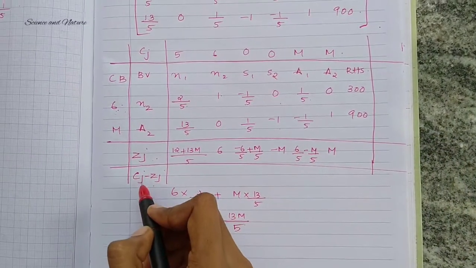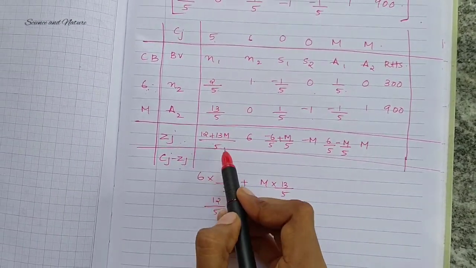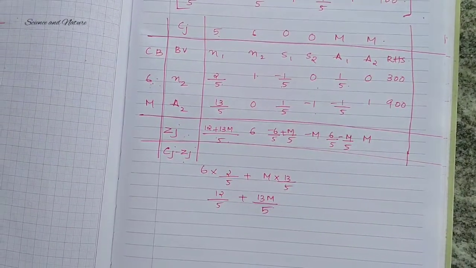Then we need to find the Cj minus Zj, that is 5 minus 12 plus 13m by 5.